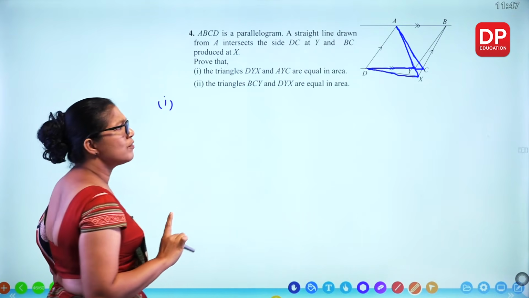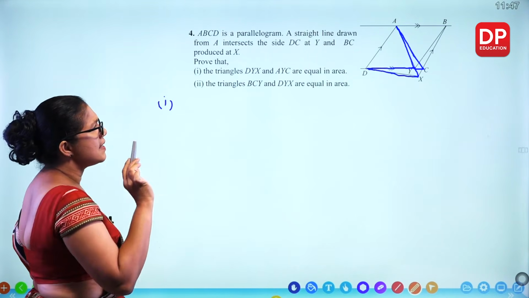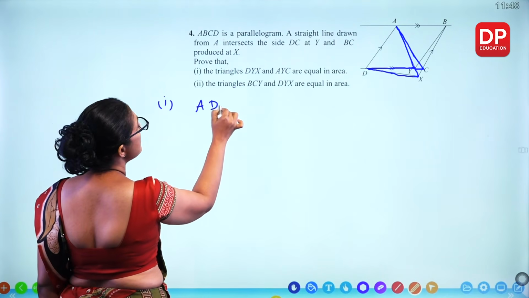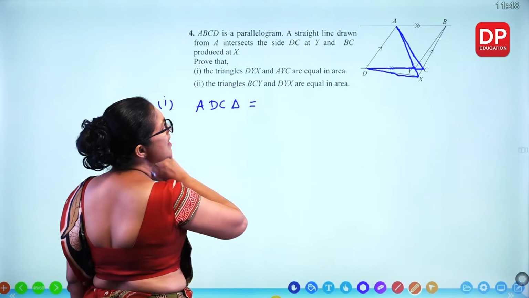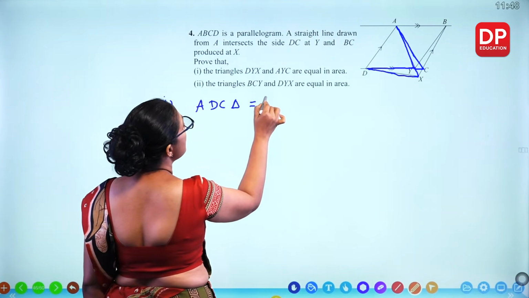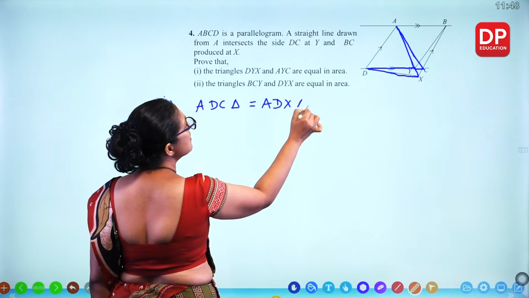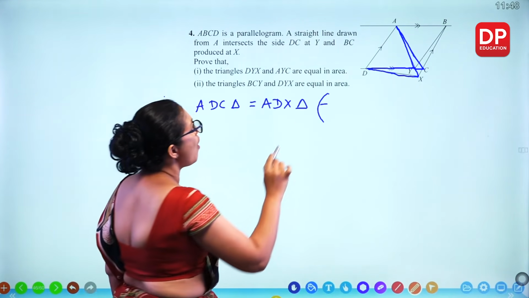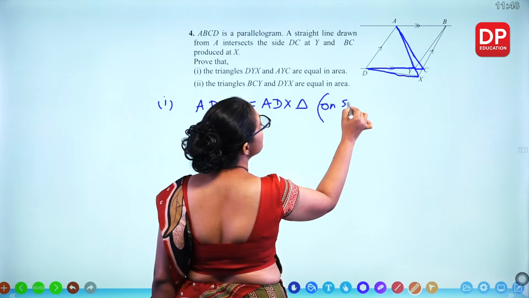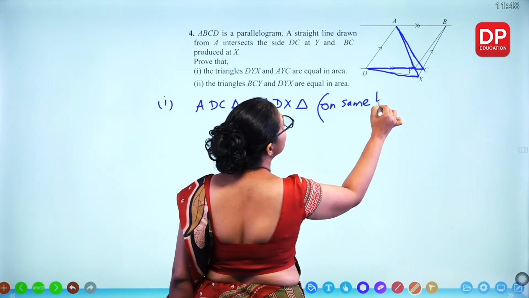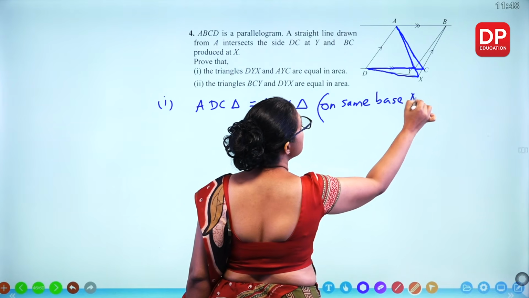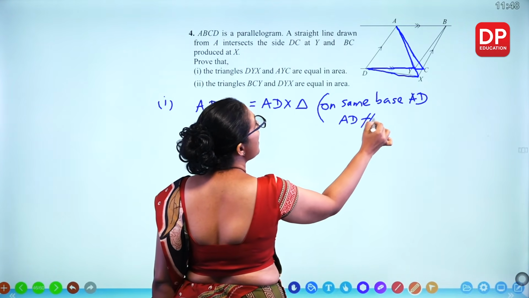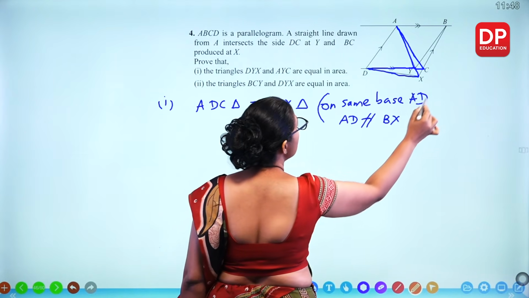Now look carefully at what we can see. We can see triangle ADC is equal to triangle ADX. What's the reason? Both are on the same base AD, and in between parallel lines AD and BX.